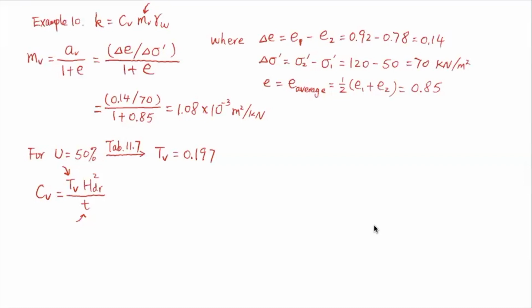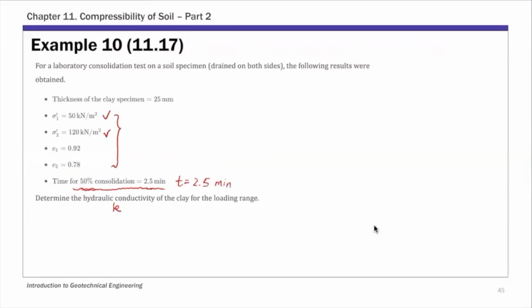And really the only thing left is this H sub DR, the maximum drainage distance. For this example, pay attention to the problem statement here. This is a lab consolidation test. You put porous stones on top and at the bottom, so it's a double drained system, two-way drainage, draining on both sides.